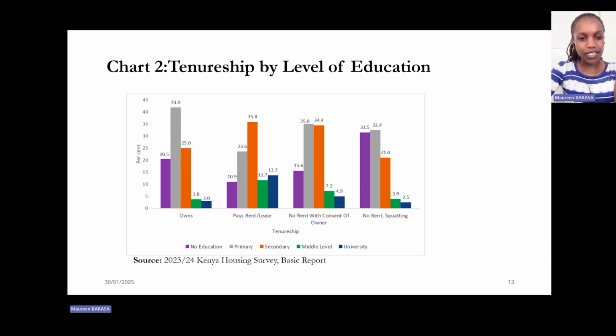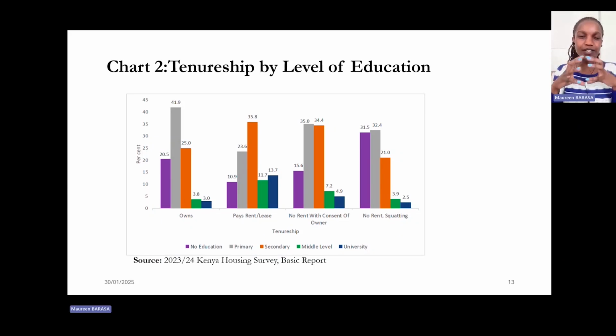In terms of owning, the education level that's dominant in terms of ownership is the primary level of education. And this does not mean most people with primary level of education are the ones who own most of the houses, because this is just a survey.